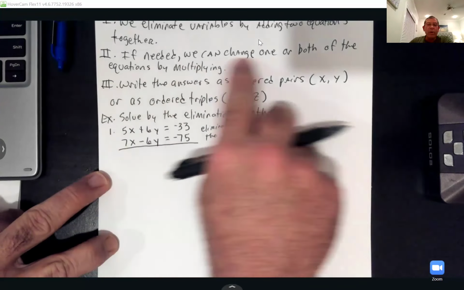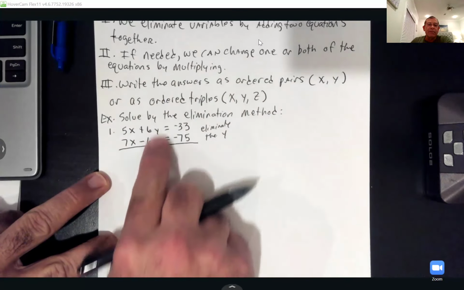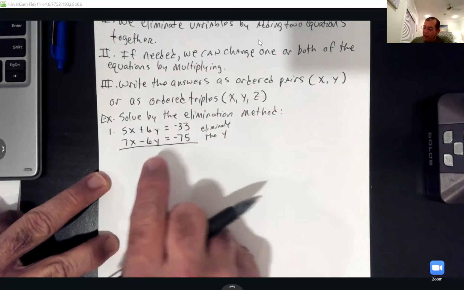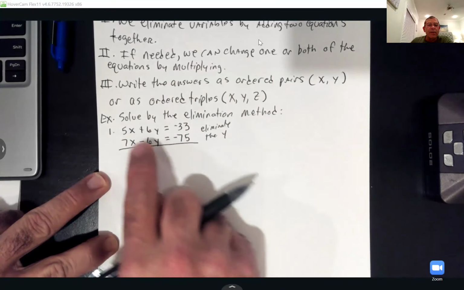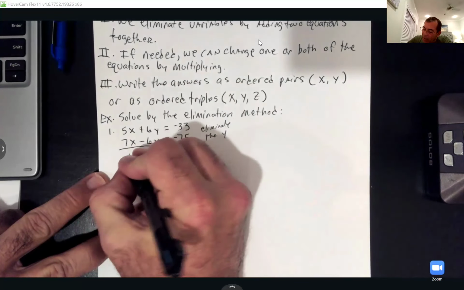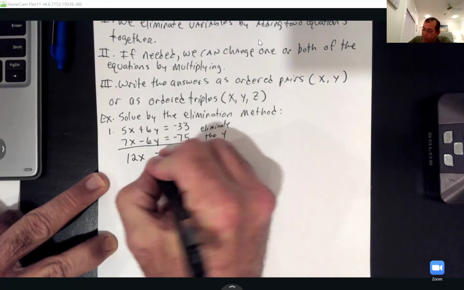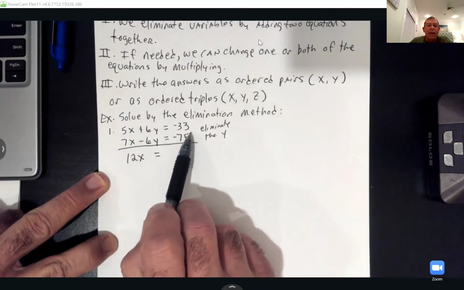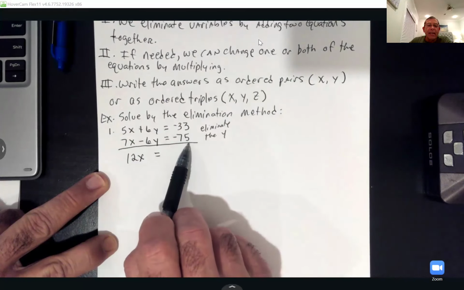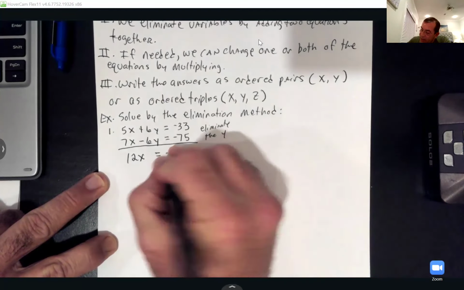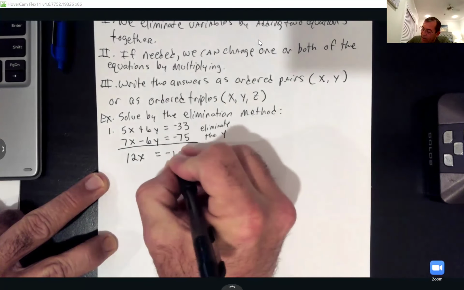And we don't have to do any change into this one because these will cancel right out. So add these two rows together. 5 and 7 give me 12 x's. The y's cancel. And then over here, we got a negative 33 and negative 75. I think that's what, a negative 108.